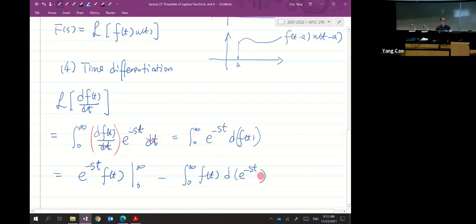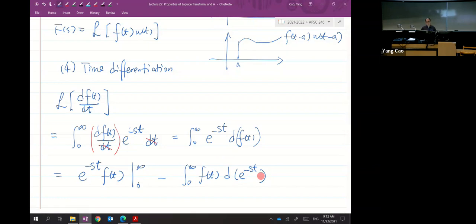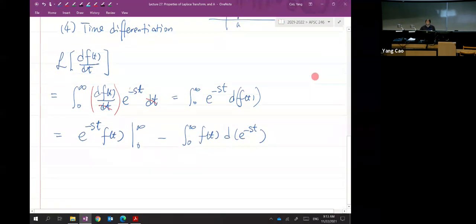What's the name of the property? Does it ring a bell? Does it look familiar to you? Integration by parts, exactly. Thank you very much. Excellent. Integration by parts is one of the integration techniques.